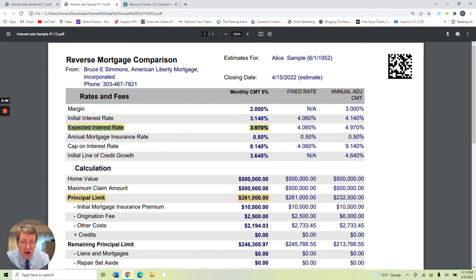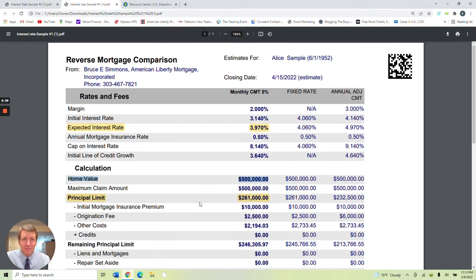Now, we round off this to calculate the principal limit. Because what we do, we take the age of the youngest homeowner, this expected rate, and the home value, up to what we call the maximum claim amount. And as long as your house is below $970,800, the maximum claim limit doesn't come into effect.